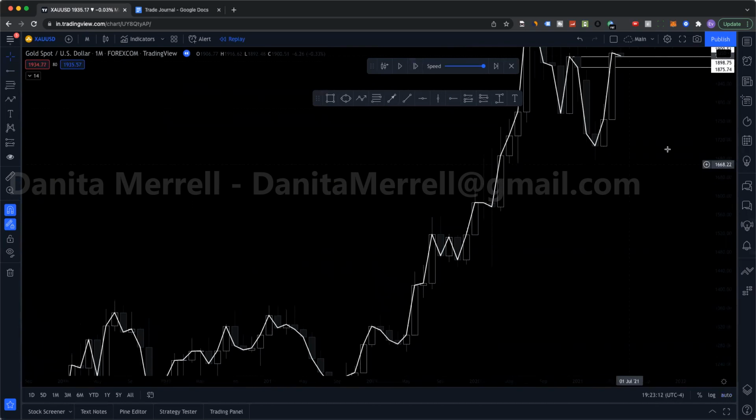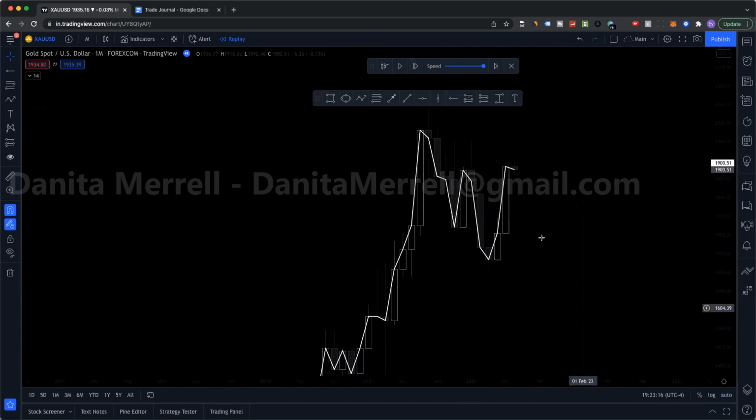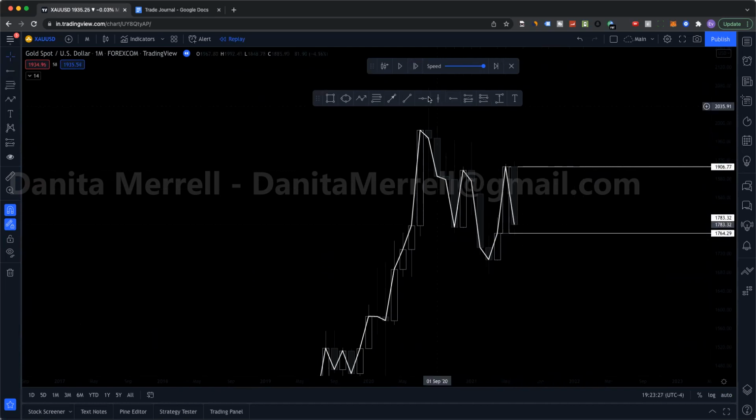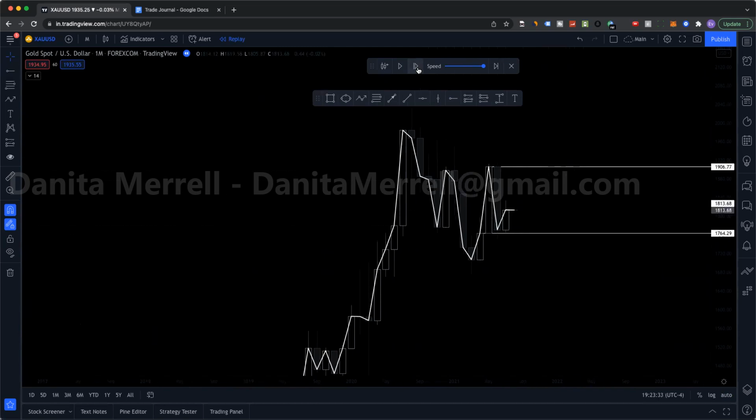Okay, so now we are creating, it looks like, new monthly resistance to find monthly support. Monthly support, because it could not get up to this, and this is now strong resistance.